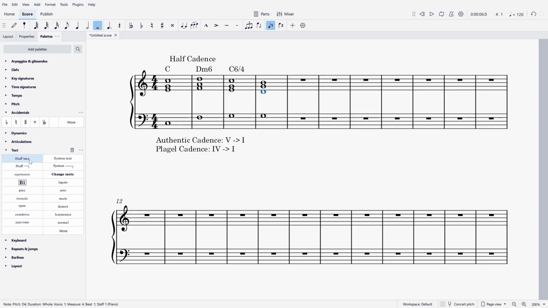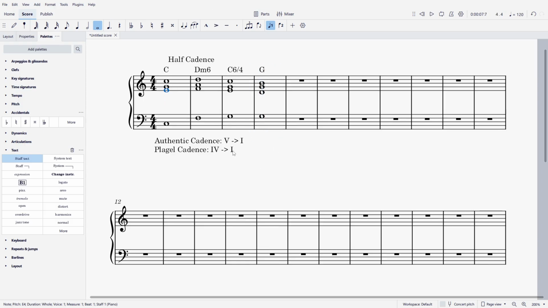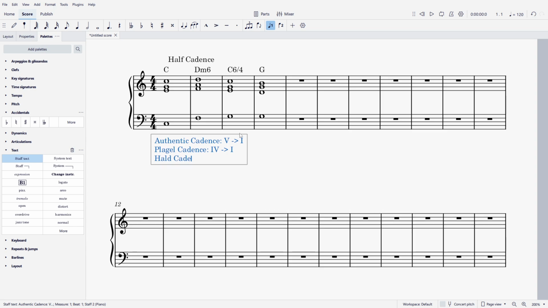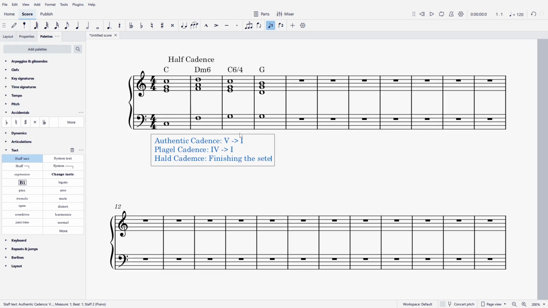And G. And that's a half cadence. It's basically just finishing whatever sentence you're making on the 5th degree. Finishing the sentence on the dominant chord.